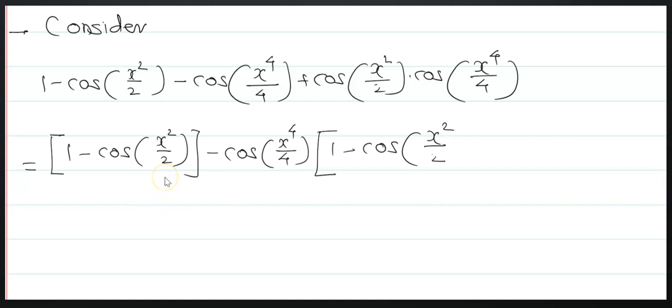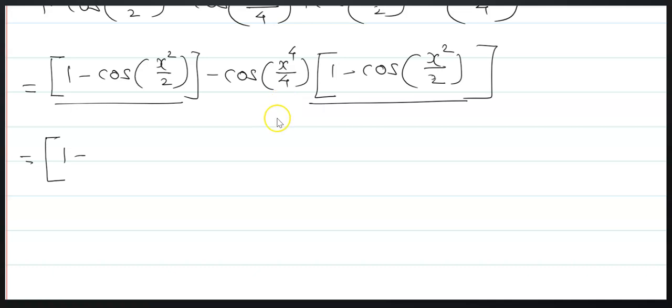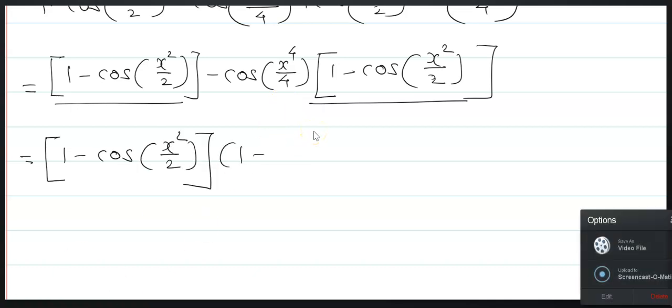Take the first two terms, and from the remaining two terms take cos(x⁴/4) as common. Therefore, in the bracket we will get 1 minus cos(x²/2), and 1 minus cos(x²/2). Take 1 minus cos(x²/2) as common. Then in the bracket you will get 1 minus cos(x⁴/4).